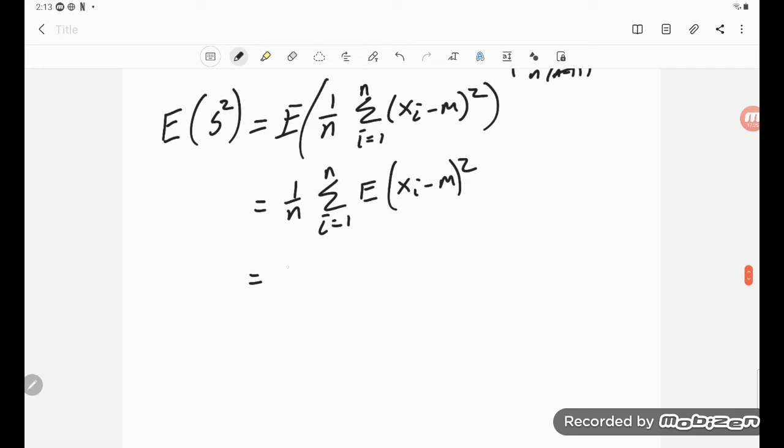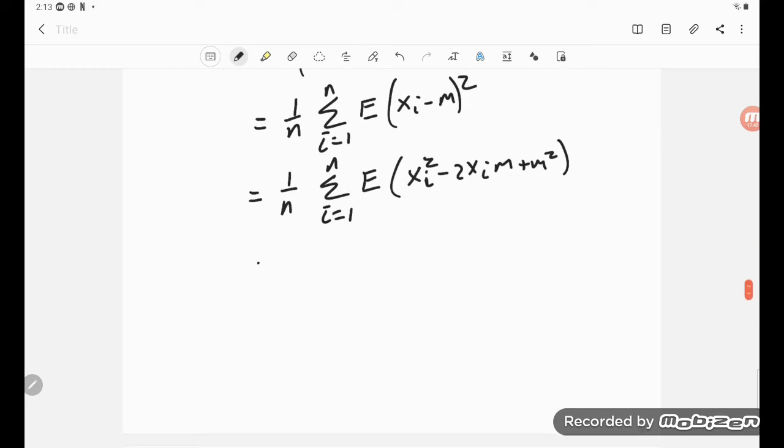And so this is 1 over n, sum i equals 1 to n of the expected value of xi squared minus 2xi m plus m squared, but that's 1 over n, sum i equal 1 to n of the expected value of xi squared minus 2 times the expected value of xi.